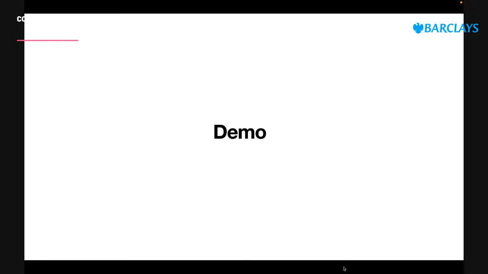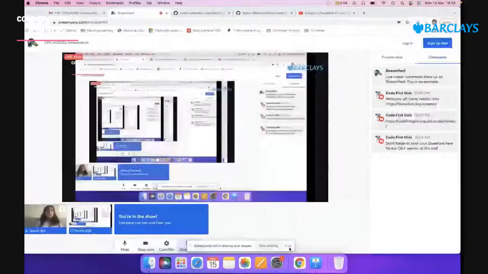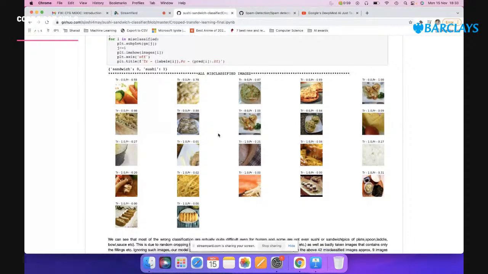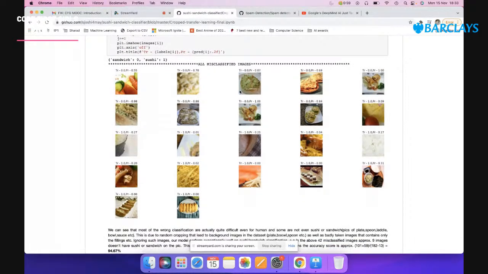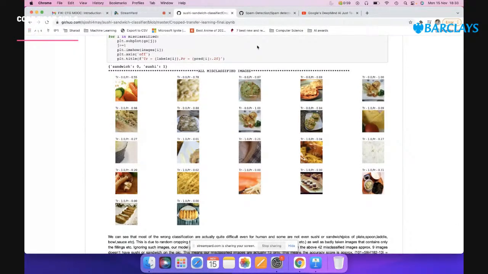Okay, let's quickly have a look at the demo. What I'm sharing here are projects which I have worked on personally, and this is how I learned it. There are various other projects available on Git, but I chose to show two of them.